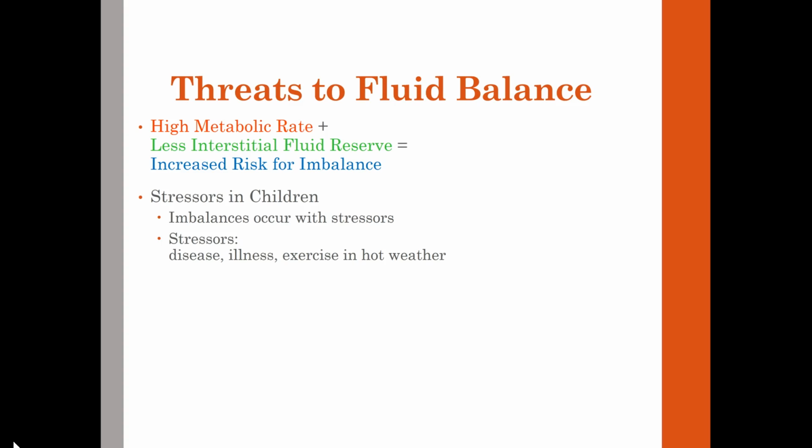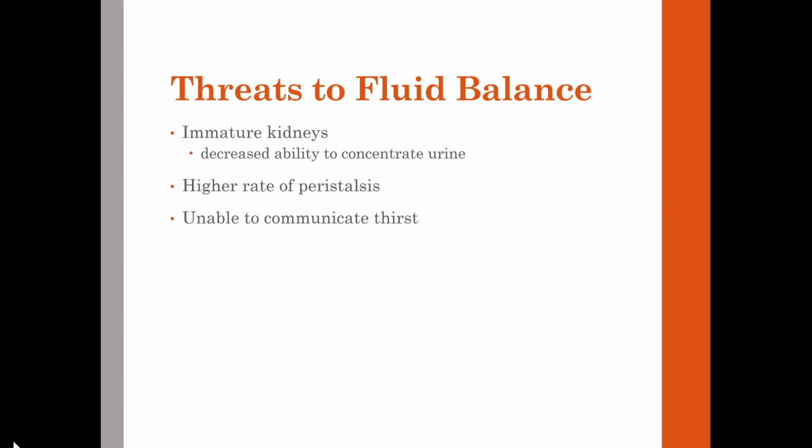Stressors in children can include disease, like we just talked about, illness, exercise in hot weather, and immature kidneys because they can't concentrate that urine. Their stomach can only hold but so much, and so they have a higher rate of peristalsis. And then they also can't communicate that they're thirsty to us.